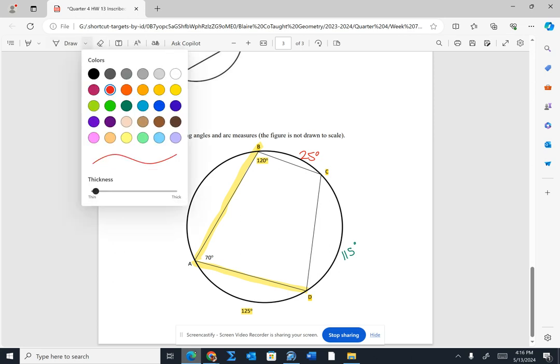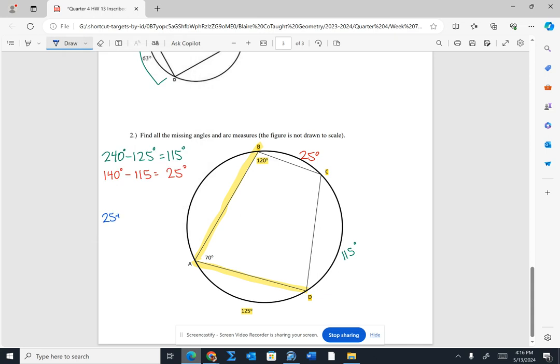Let me switch colors one more time. I'm going to add up 25 plus 115 plus 125 and see what I get. 265. Then I can just subtract from 360 to see what's left over. 360 minus 265 should be 95 degrees. So now we have all the arcs.